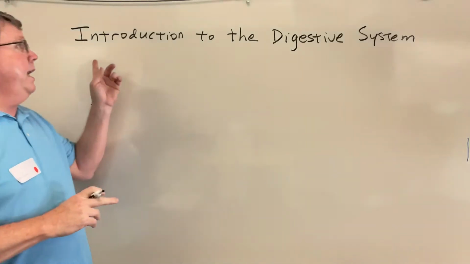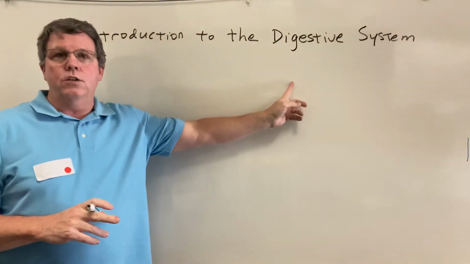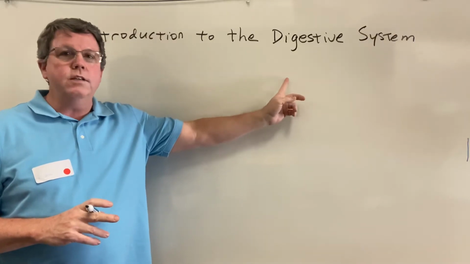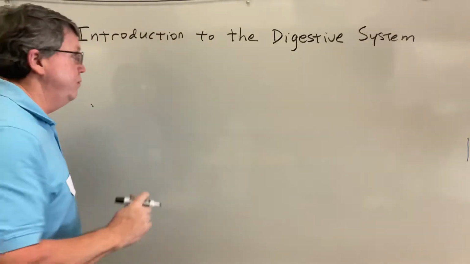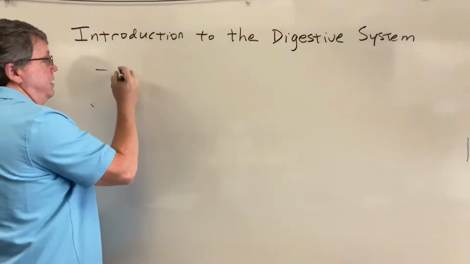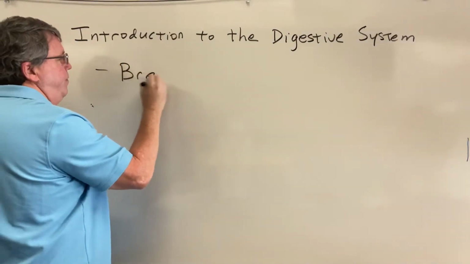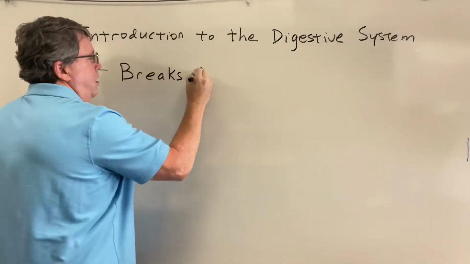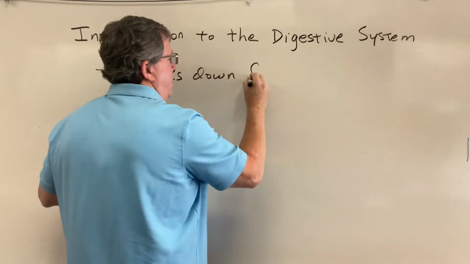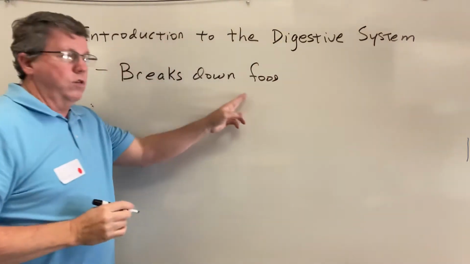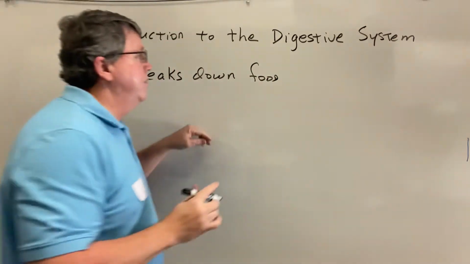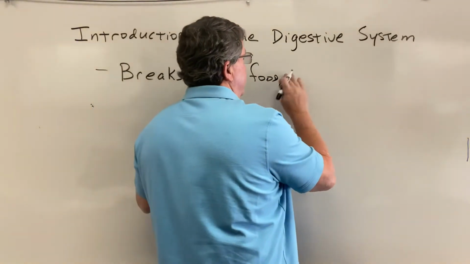Okay, so today we're going to do an introduction to the digestive system. So what does the digestive system do? Well, the first thing it basically does is it breaks down food into smaller particles, and then from there it's going to absorb the nutrients.